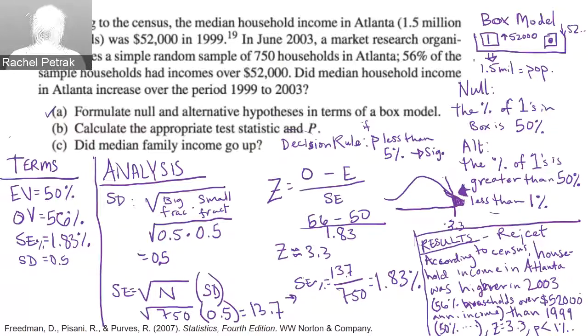We could write a different sentence. You could say, according to the census, median household income in Atlanta was higher in 2003 than in 1999. That would be a better sentence, but either one is fine for our purposes. As a point of interest, Stephanie, we never talk about retaining or rejecting the alternative hypothesis. It just doesn't matter.